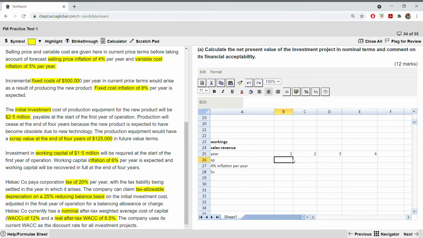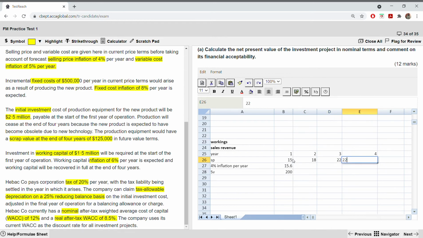So now here the selling price is 15. Here after inflation it will be 15.6, and here sales volume is 200. You inflated 15 by 4% and it's 15.6.